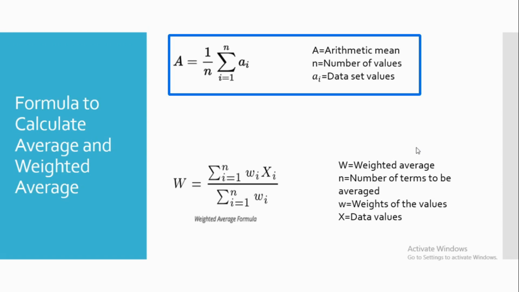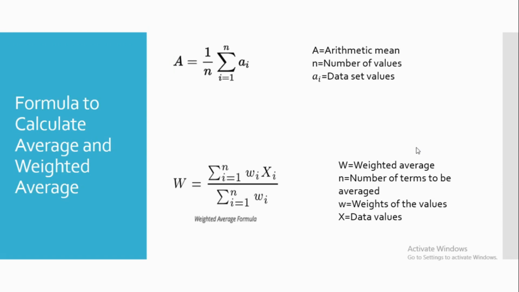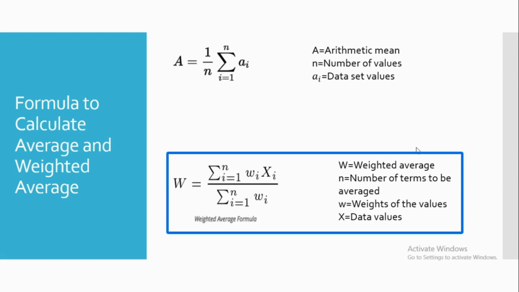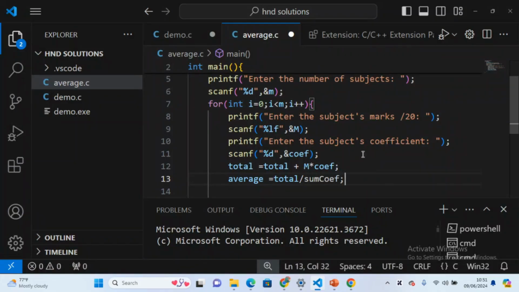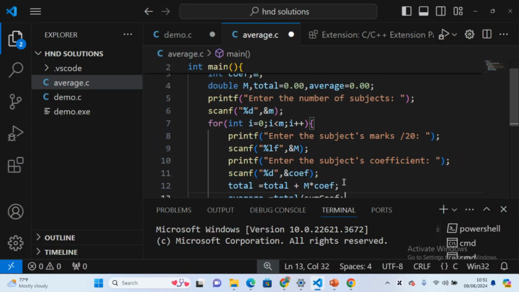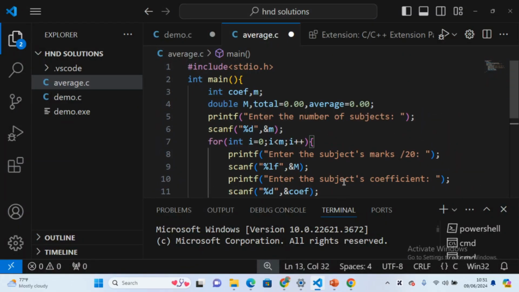All of us, I guess, we know that. Whereas for the weighted average, we have the sum of the weight of the values times the data values divided by the sum of the weight of the values, which is actually what we are applying in our code.